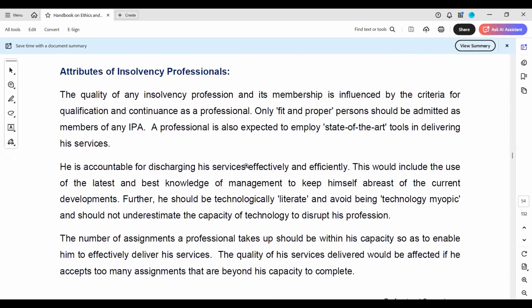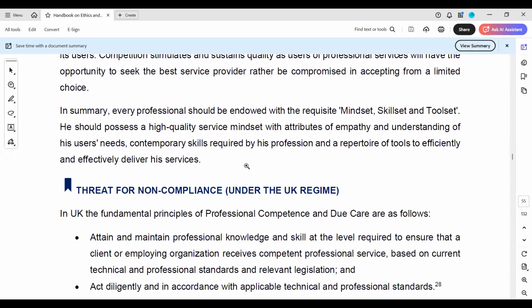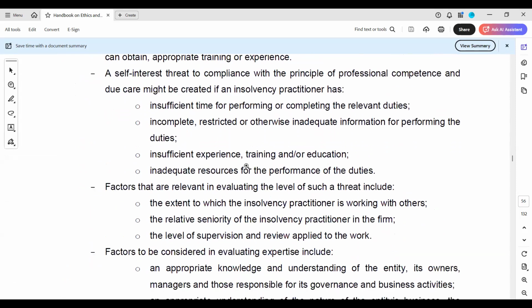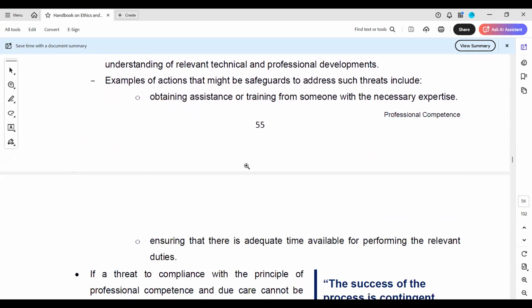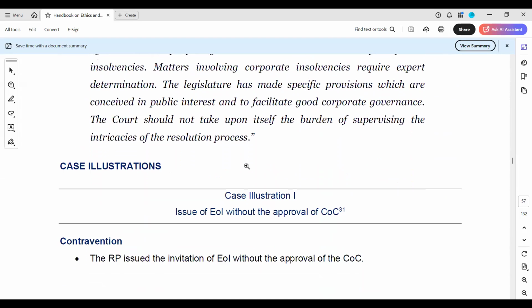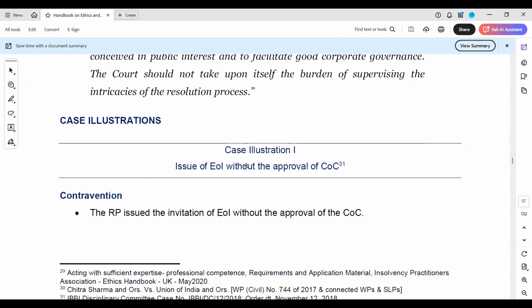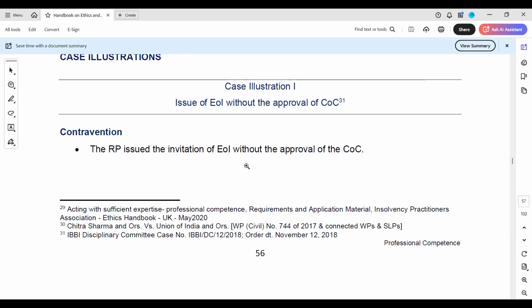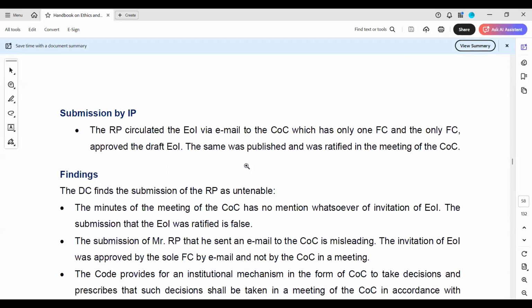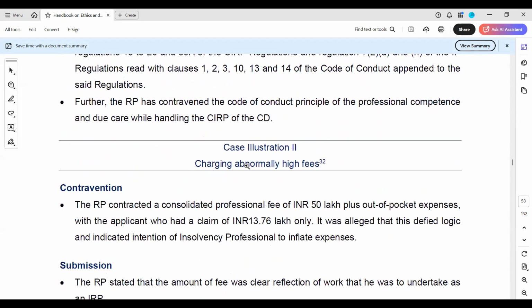Professional competence. इश्यू ऑफ ईओआई ये हमने कर ही लिया विदाउट अप्रूवल ऑफ सीओसी, है ना. He got it approved only from one FC, who was influential financial creditor.